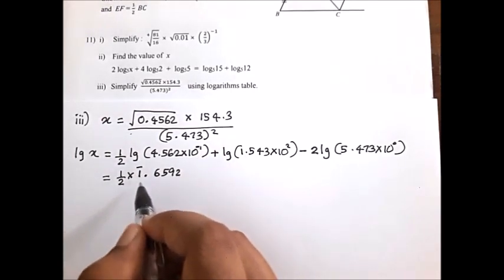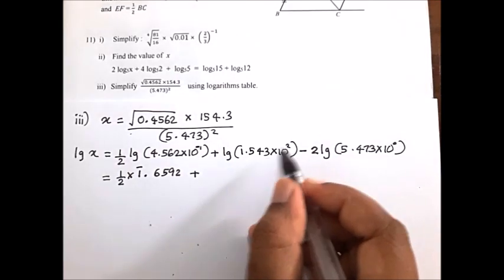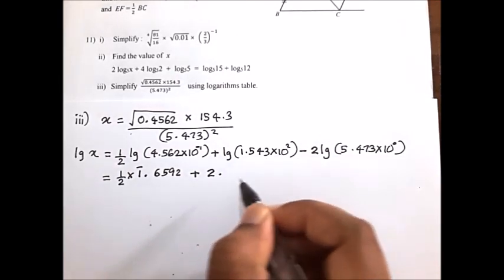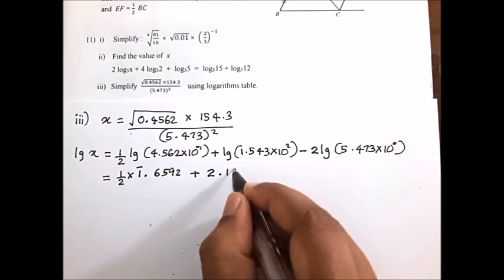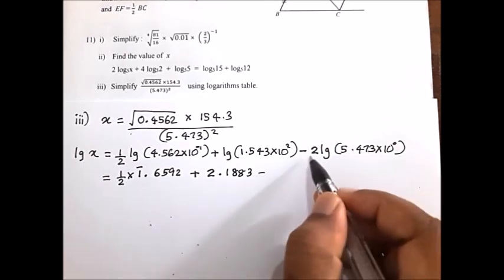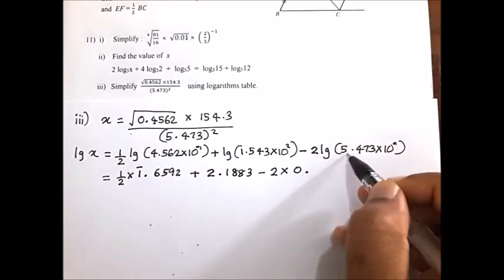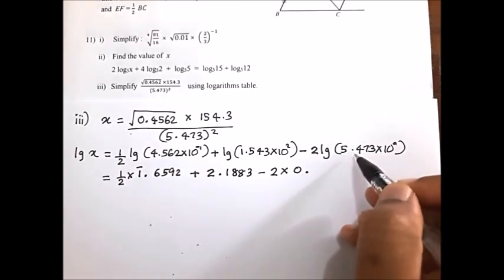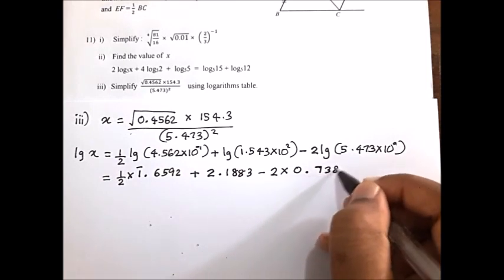So here bar 1.6592. 10 to the power 2, write 2 point. Then find the logarithm using the table, 1883. Here 2 multiplied by 0, so write 0 point. Find the logarithm using the table, 7382.